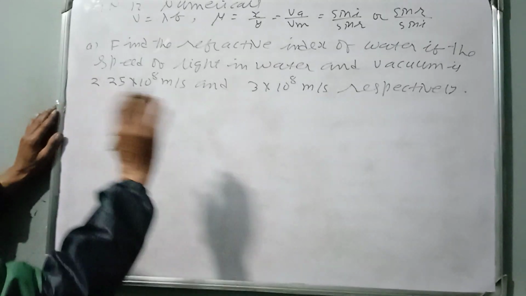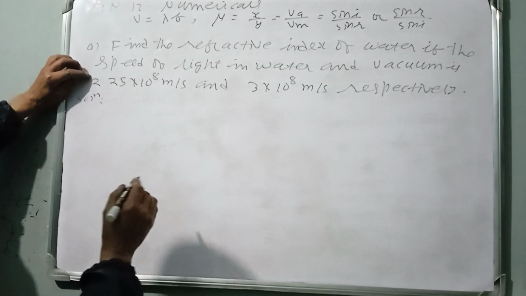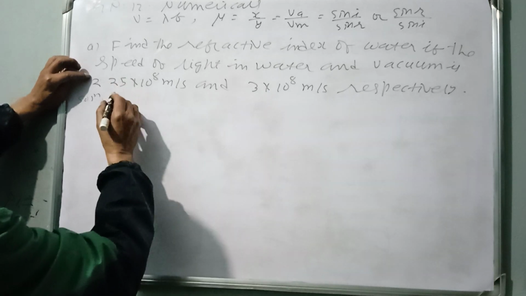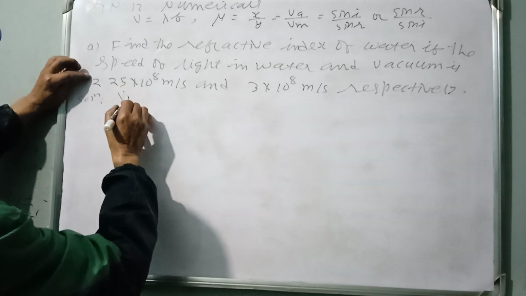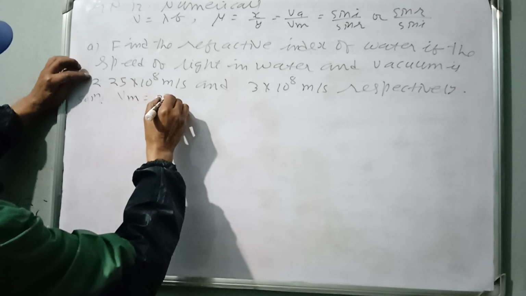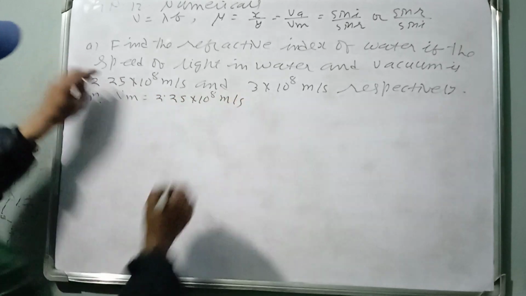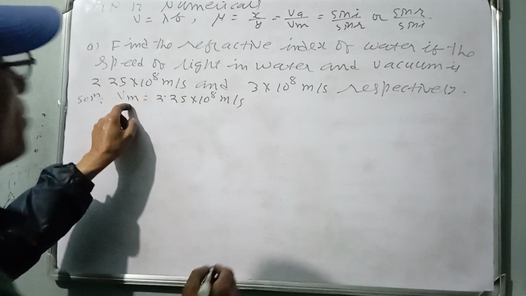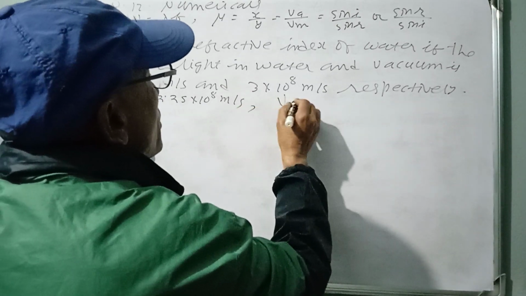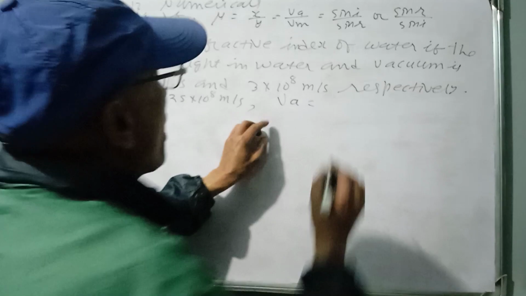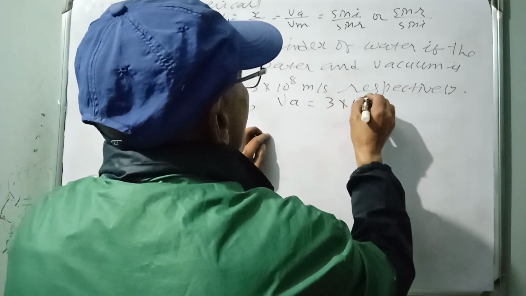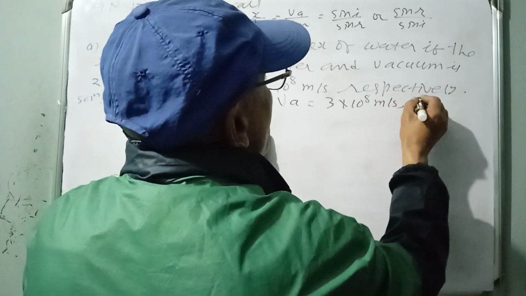See, for the sake of convenience, I will solve it. Solution. Here V M equals 2.25 into 10 to the power 8 meters per second, the velocity of light in water. The velocity of light in air or vacuum is 3 into 10 to the power 8 meters per second.